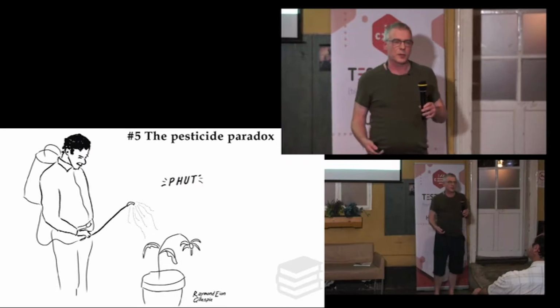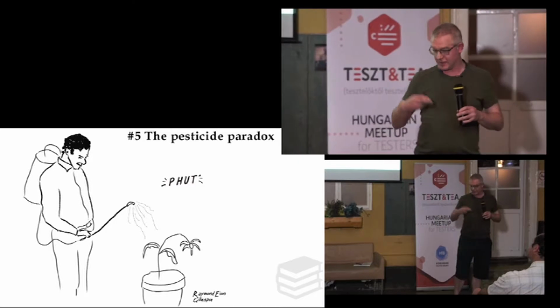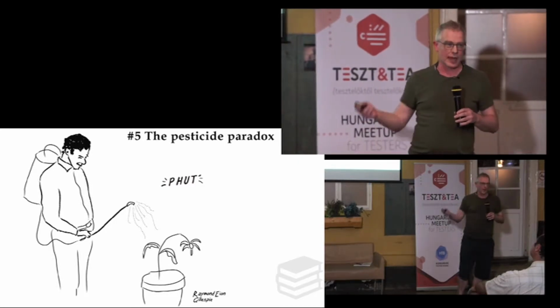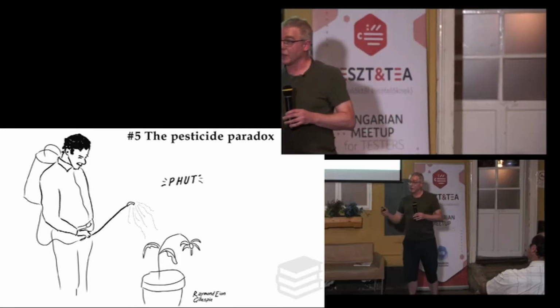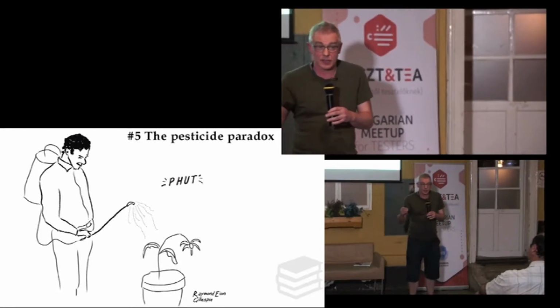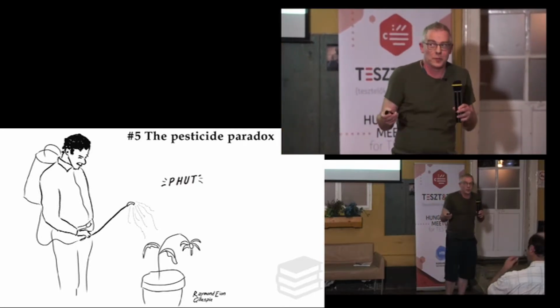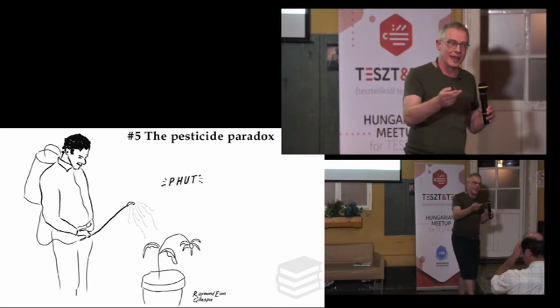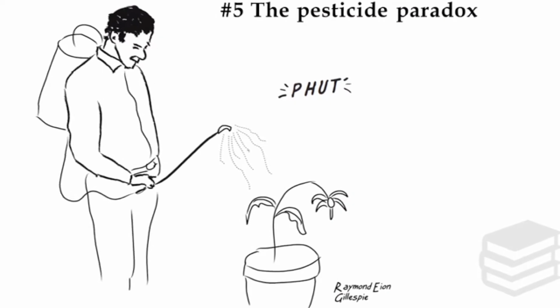Principle 5, the pesticide paradox. So that's the situation. If you just run the same test cases for each release, the same few test cases over and over again, eventually you'll find no new defects. And I would say that this applies to user documentation, again, on two levels. The first level would be the actual testing of documentation. If you just test one or two procedures each release, the installation instructions and a few other procedures, eventually you'll find no more defects.